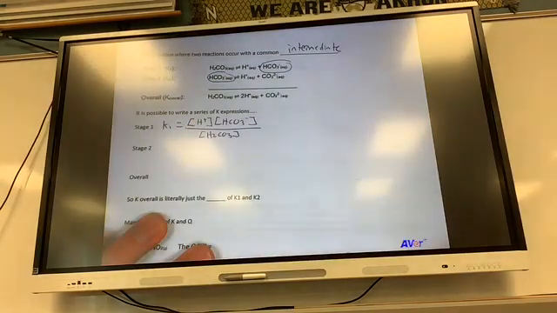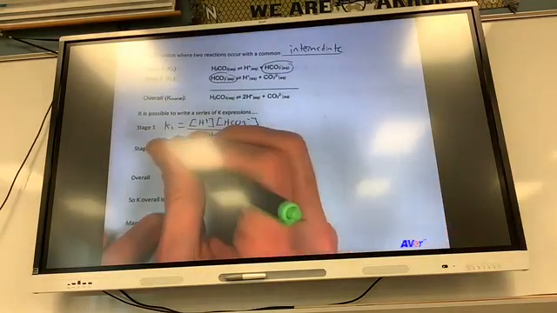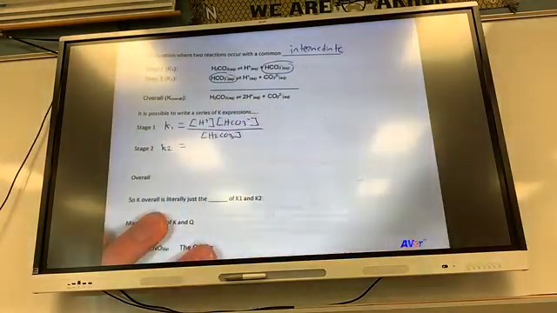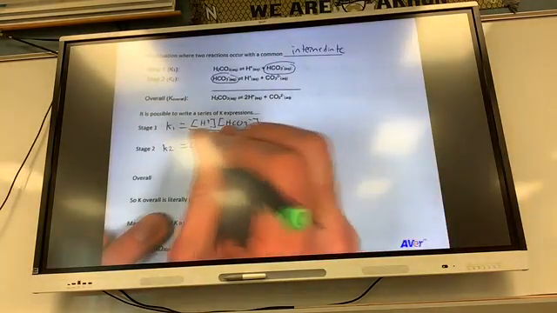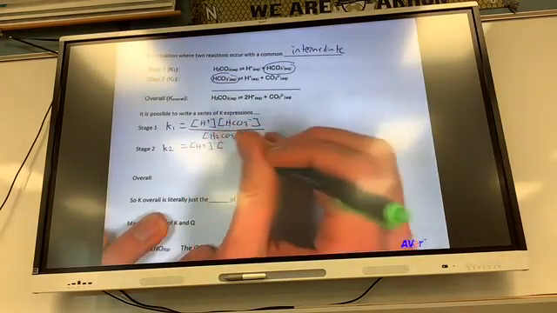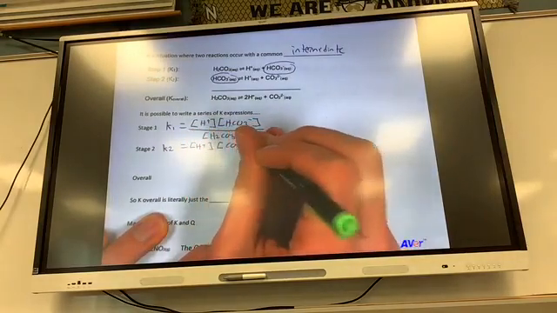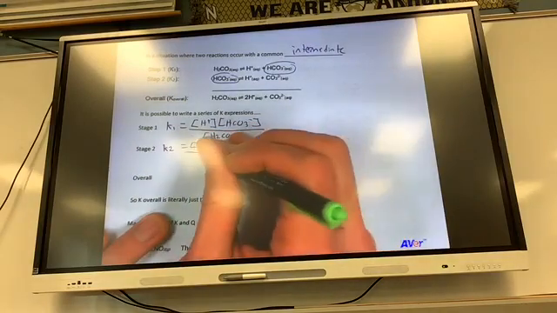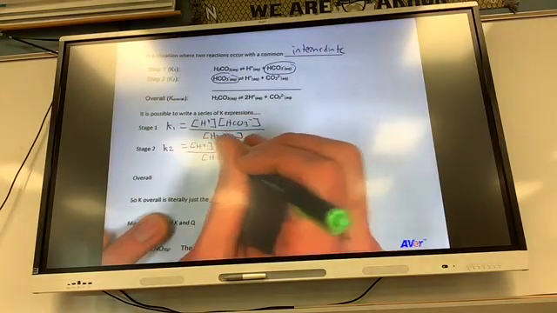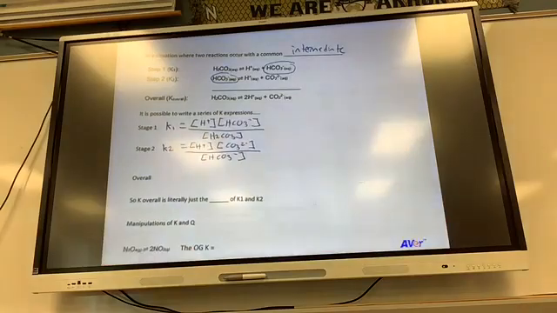Stage 2, K2 is going to equal the concentration of H plus times the concentration of CO3 2 minus over the concentration of HCO3 minus.